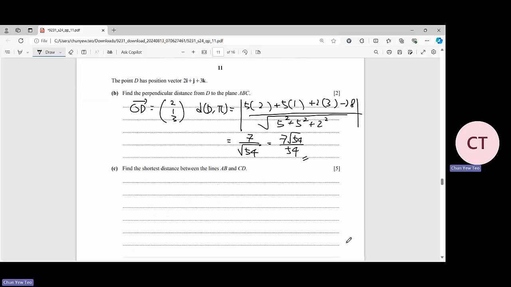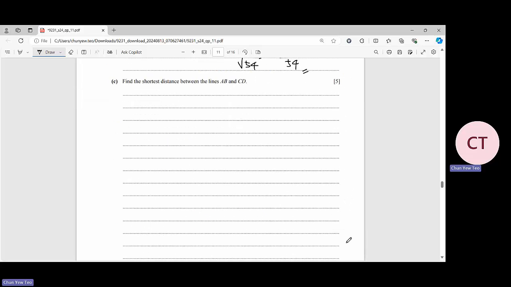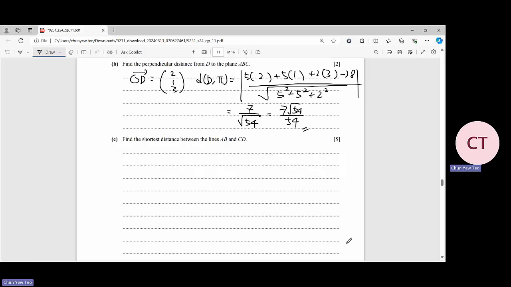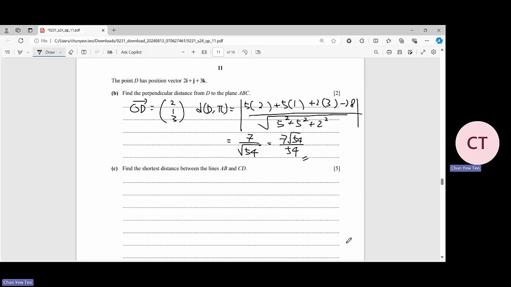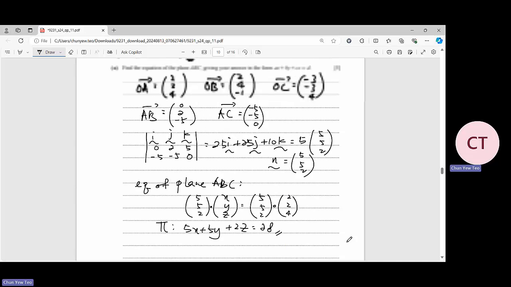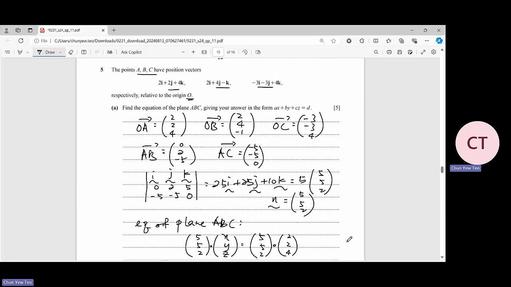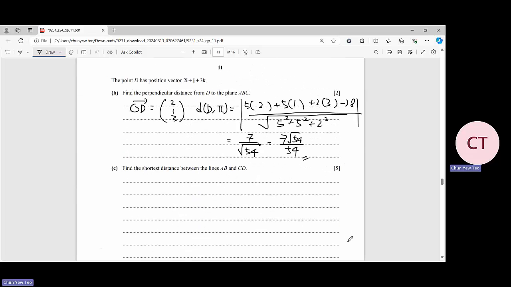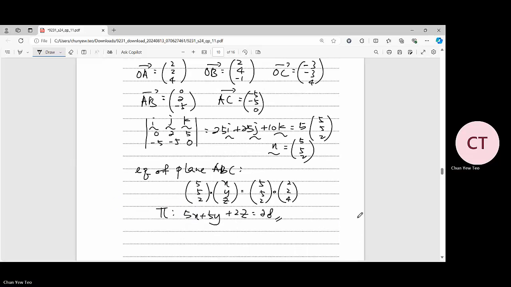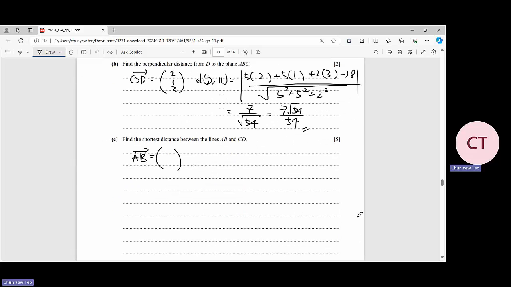Moving on, question C. Find the shortest distance between line AB and CD. Lines AB and CD are not parallel. We already have AB, 0, 2, -5.